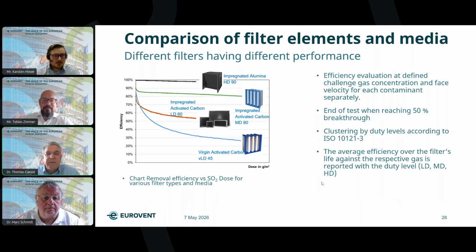But we also see two examples of wheat bank filters, one with an impregnated activated carbon, specifically impregnated to filter SO2, while on the bottom you see a similar filter with the same amount of carbon, but an unimpregnated, virgin activated carbon. Here you see quite a difference in the performance against SO2. You could print similar diagrams for various different gases. Next slide, please.